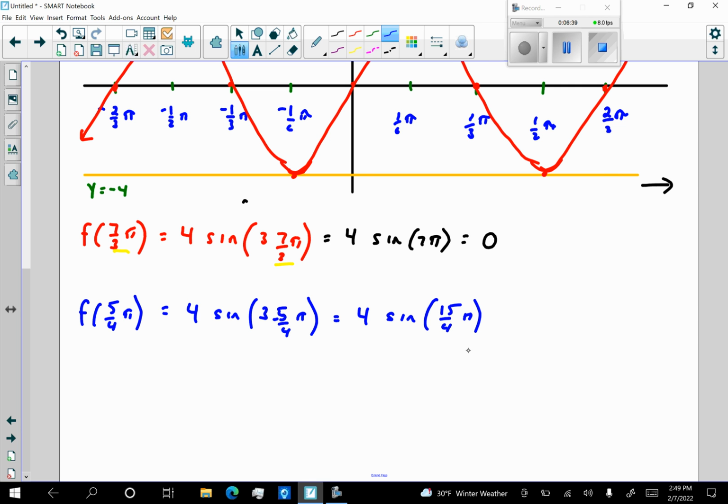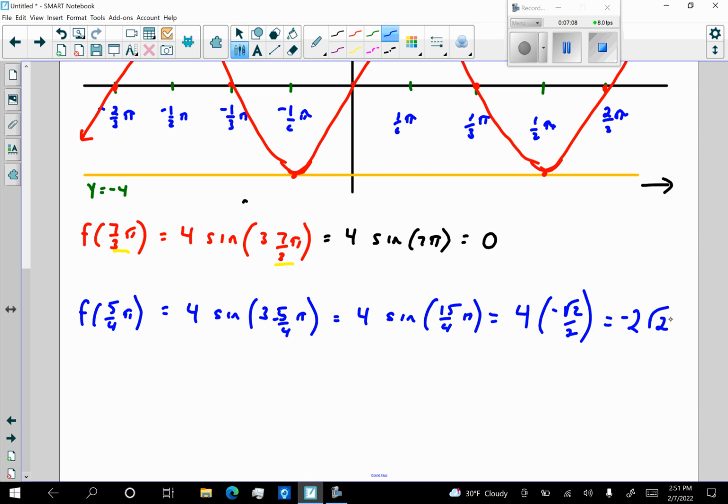And now I need to figure out where 15/4 pi is on the unit circle. I'm going to count around the unit circle, and I realize that it's in the 3rd quadrant, and it's going to be negative square root of 2 over 2. So this is going to be 4 times negative square root of 2 over 2, which is going to equal negative 2 square root of 2.